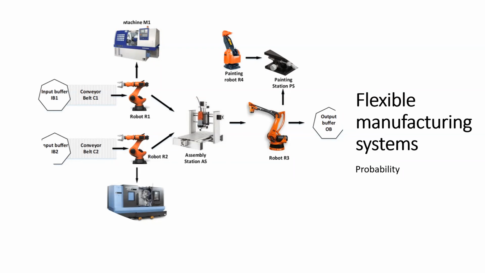So today we will discuss randomness, so the variability in flexible manufacturing systems. This is important because the higher variability is due to randomness, and we need to be able to quantify it and know its effect on the system's performance.